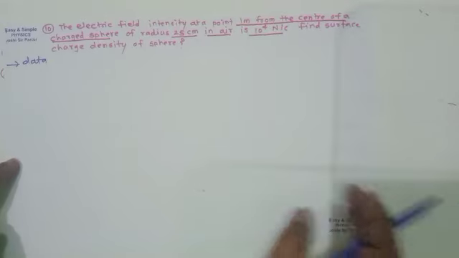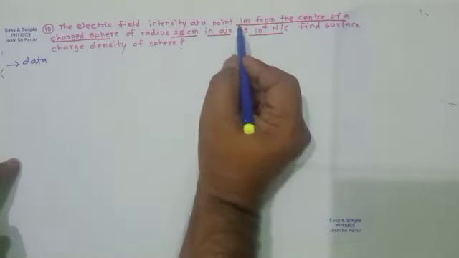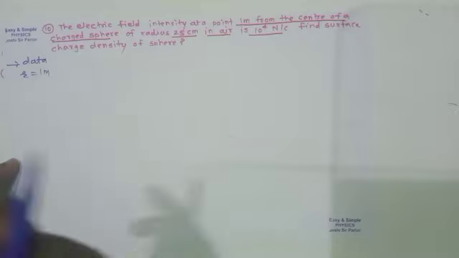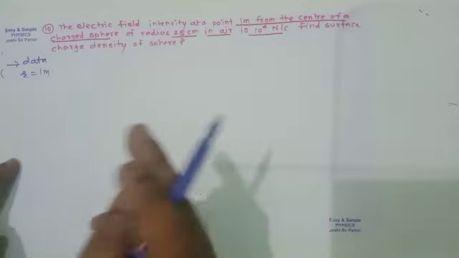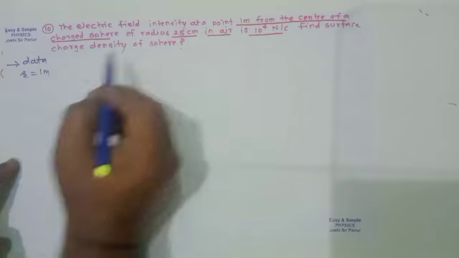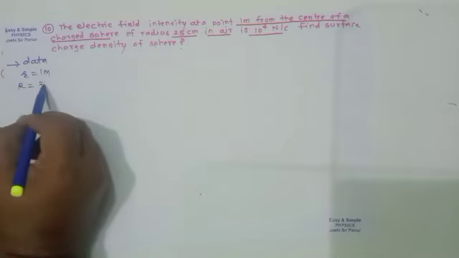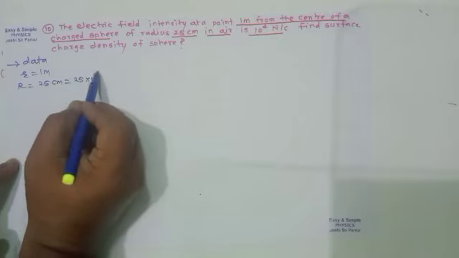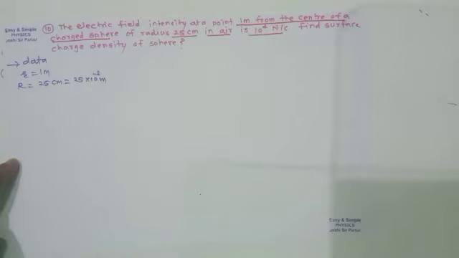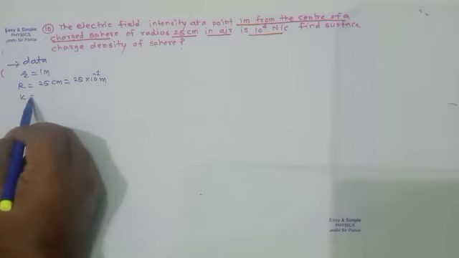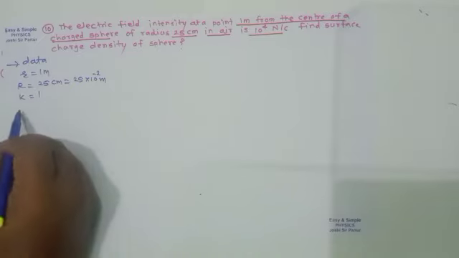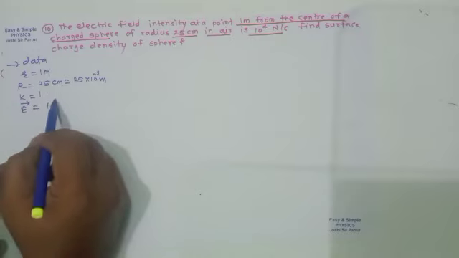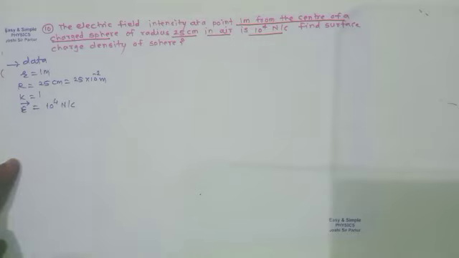Here 1 meter means small r is 1 meter because it is from the center of the charged sphere. The charged sphere has radius capital R of 25 centimeter, meaning 25 into 10 raised to minus 2 meter. For air K becomes 1 and the electric intensity will be 10 raised to 4 Newton per coulomb.